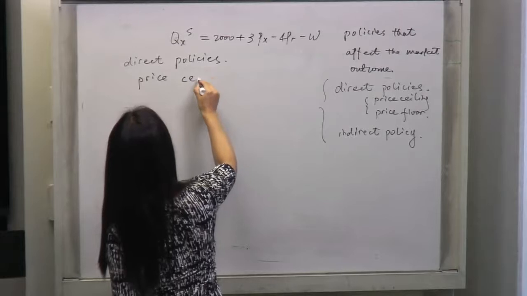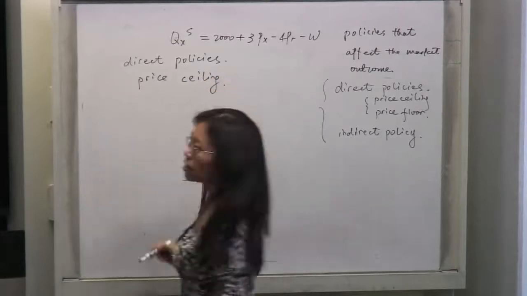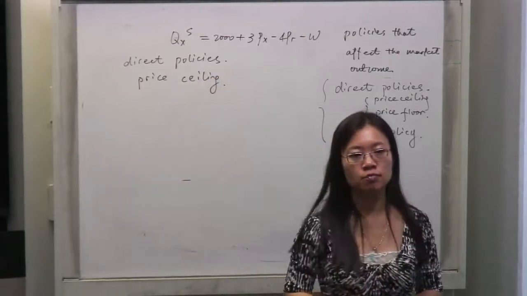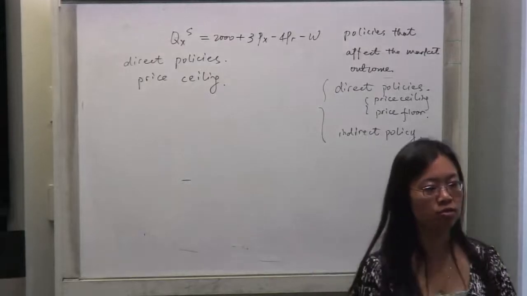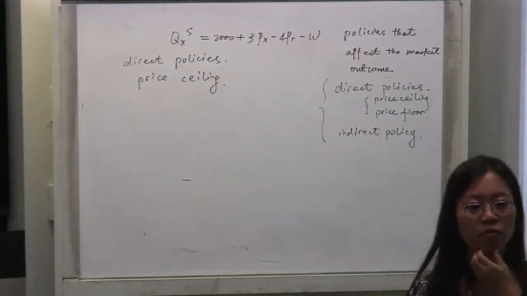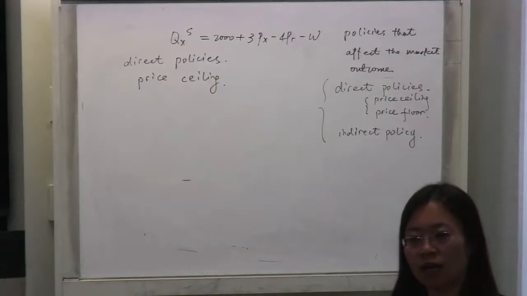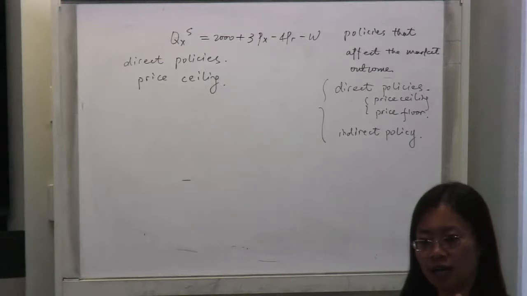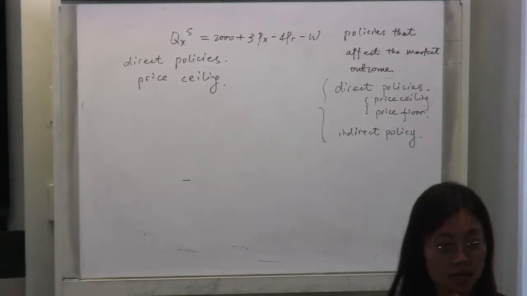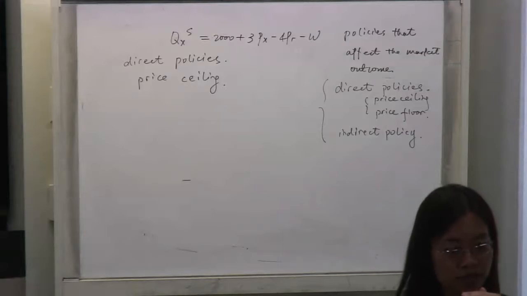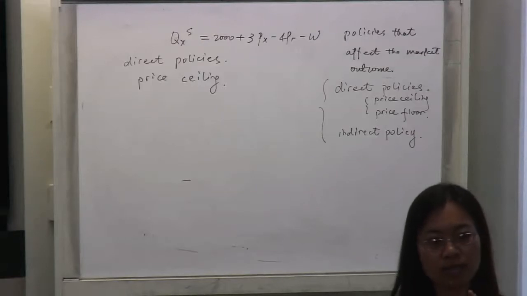Price setting policy. What is a price setting policy? You guys have seen this name before, right? You learned what is price setting. The limit at which a price can be set. The price can't get higher than that price. The highest price you can sell it at. Why does the government use price setting policy?